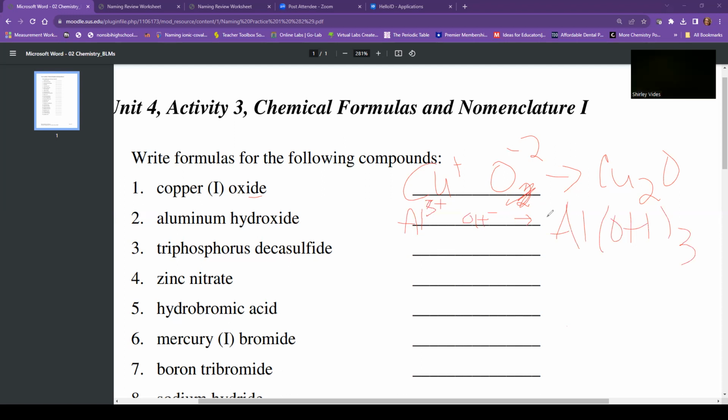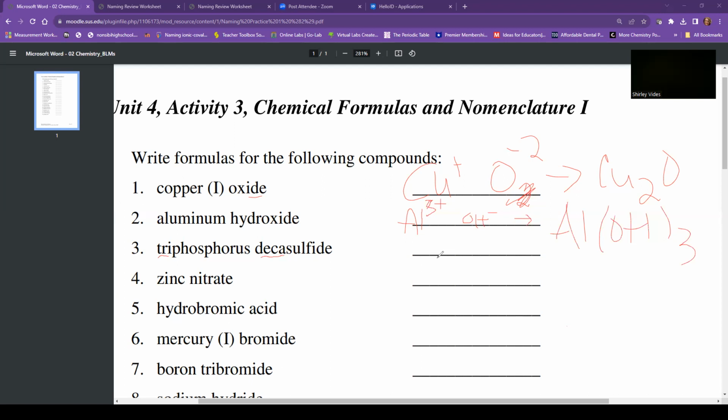Remember that they crisscross, and the reason that we crisscross them is so that the compound has absolutely 0 charge, because it's an ionic compound. It should be neutral.